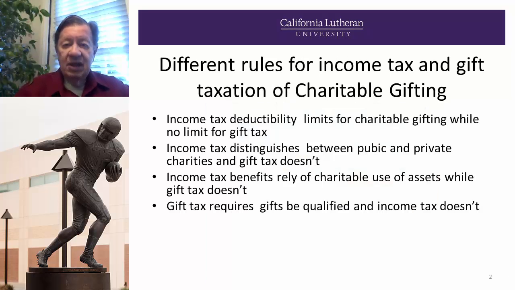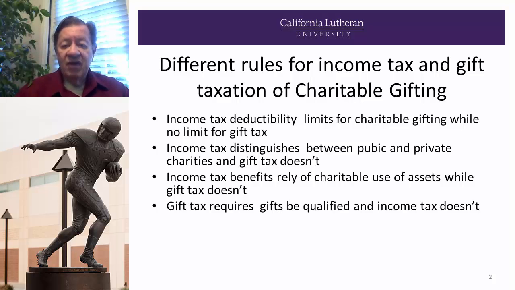First one is going over some of the different rules between income tax and gift tax. I think one of the problems people have on the CFP exam and in practice is confusing the gift tax and the income tax rules regarding gifting, because the rules are considerably different. For example, the income tax deductibility limits charitable gifting.